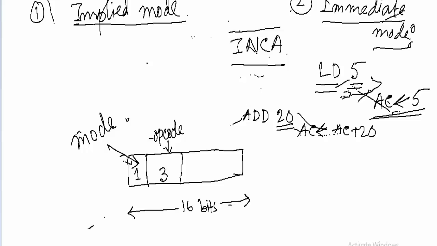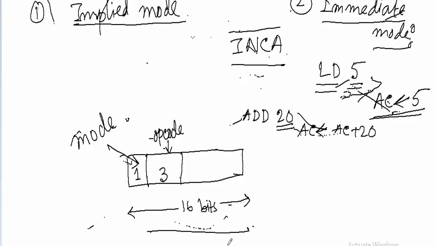The type of question that could be asked in this immediate mode is, for example, if the instruction size is 16 bits and the mode is 1 bit long and the opcode is 3 bits long, then what is the maximum possible operand that we can provide in the immediate mode if we use 2's complement representation?